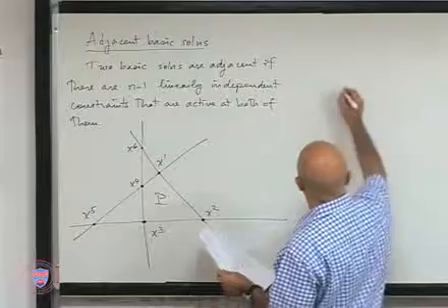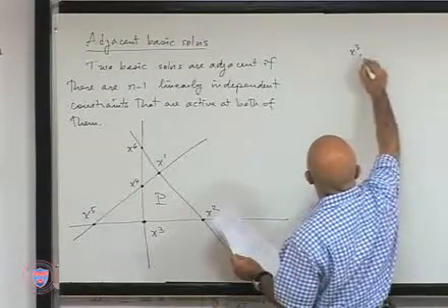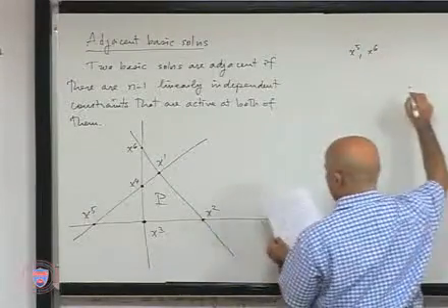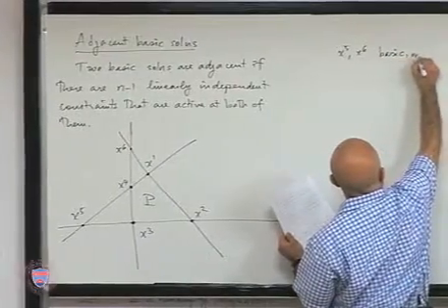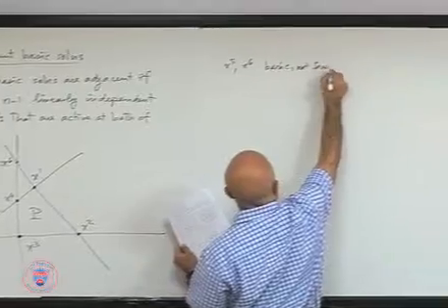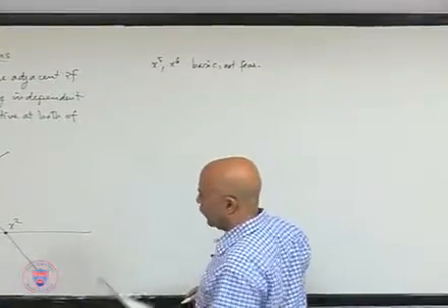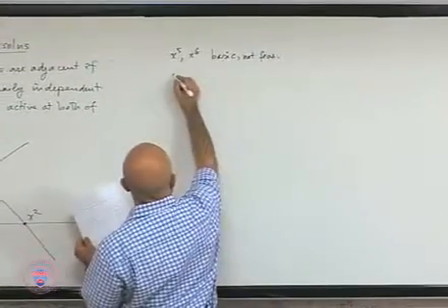So in this case, x5 and x6 are basic, but they are not feasible solutions. The remaining ones are basic feasible.